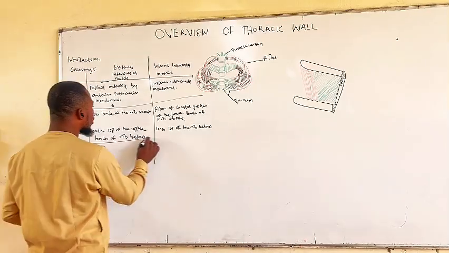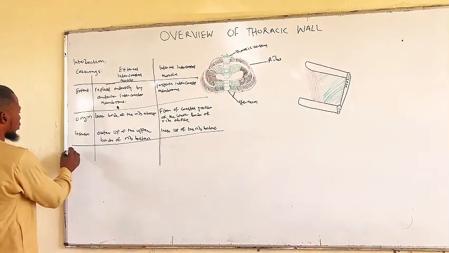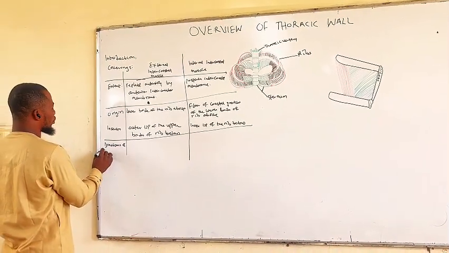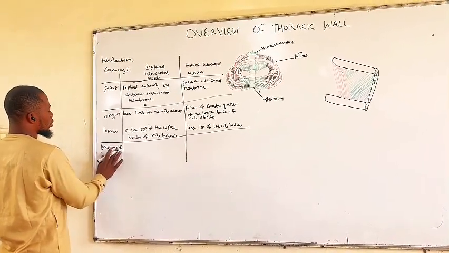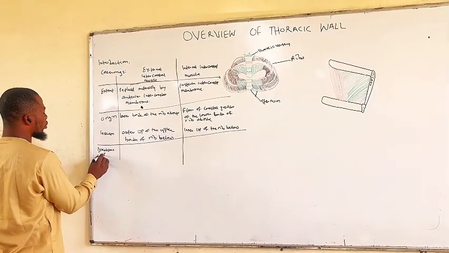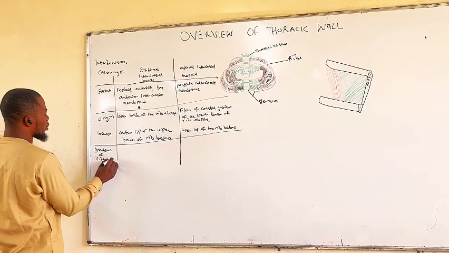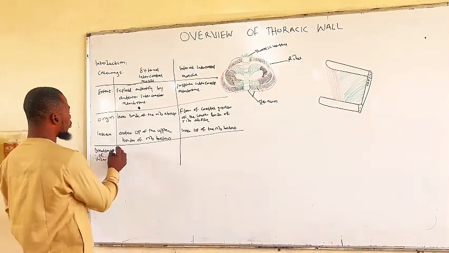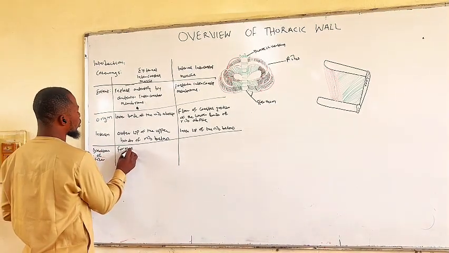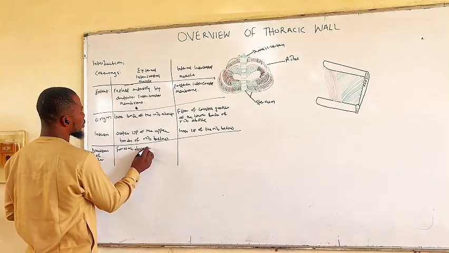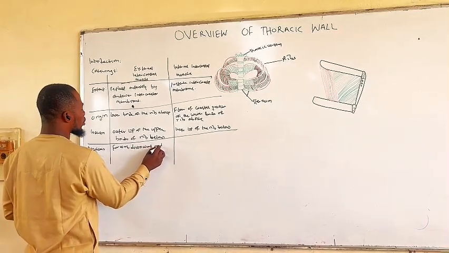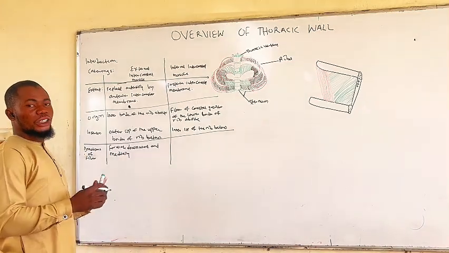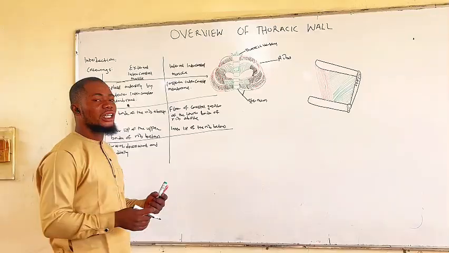Now we should talk about the directions of their fibers. External intercostal muscle, the fibers of it are directed forward, downward, and medially, except in its posterior aspect, where its fibers are directed laterally.